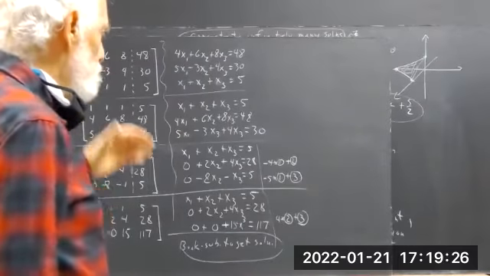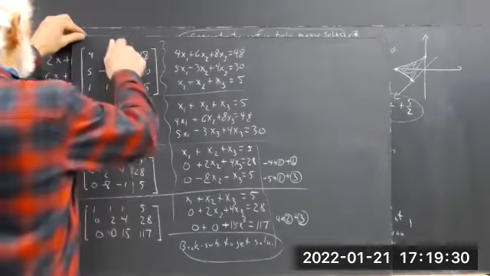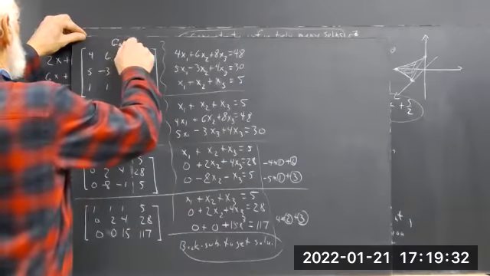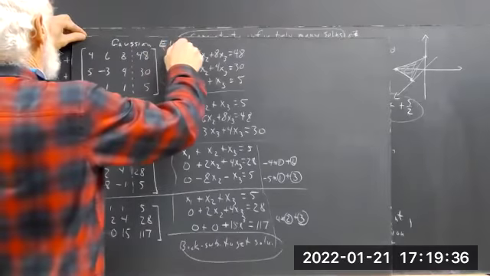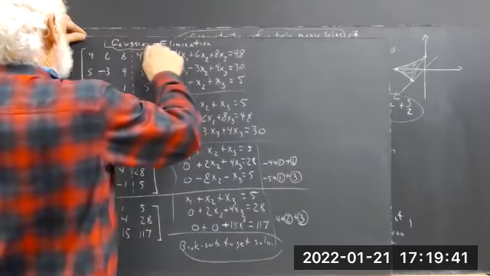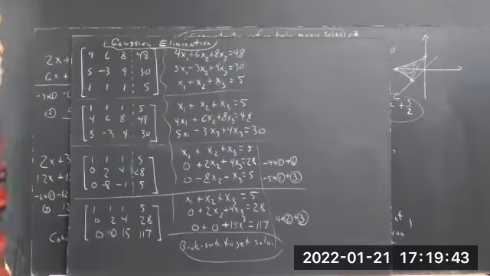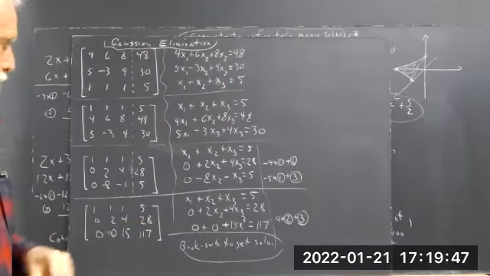Okay, what we've just done is called Gaussian elimination. So this was Gaussian elimination, just adding multiples of rows to other rows.